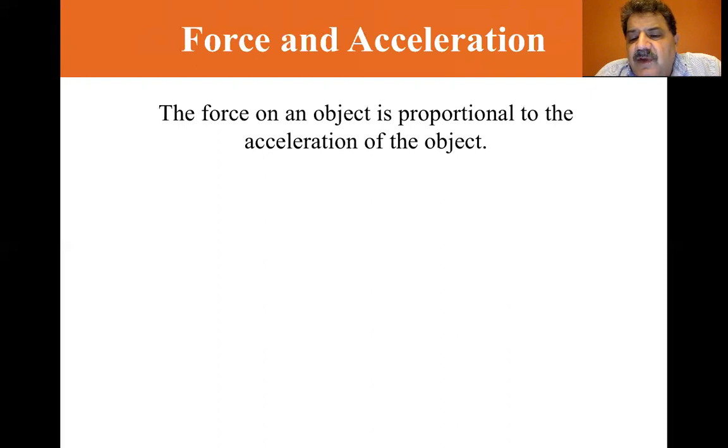When the object's velocity and acceleration are in the same direction, the object is speeding up. When the object's velocity and acceleration are in opposite directions, the object is slowing down.